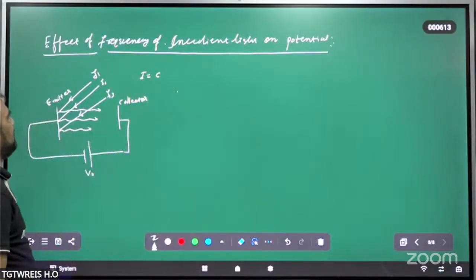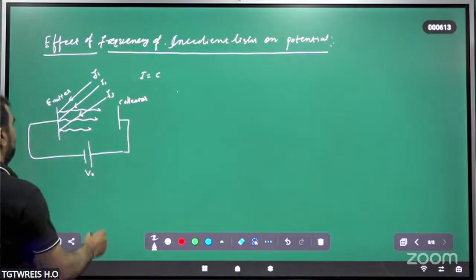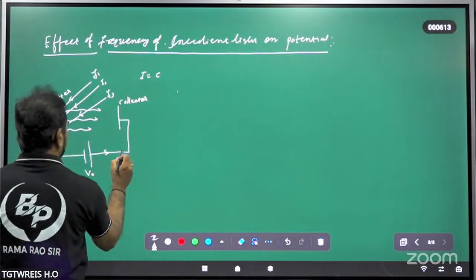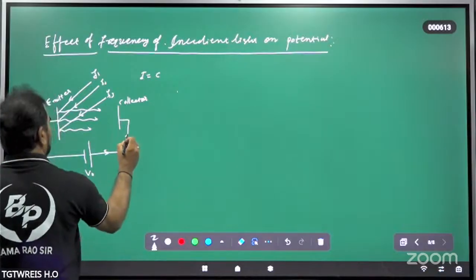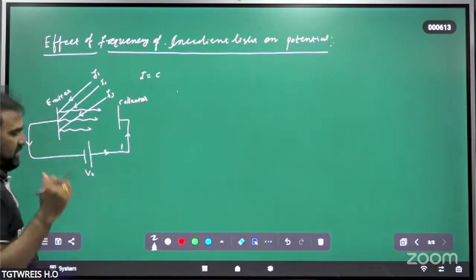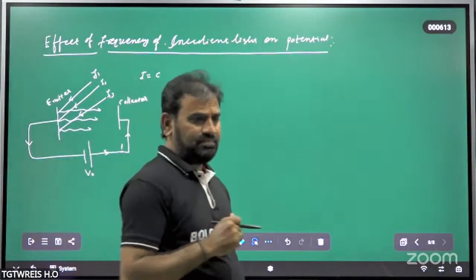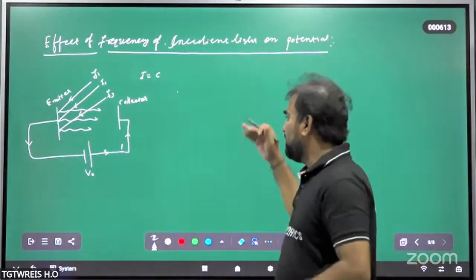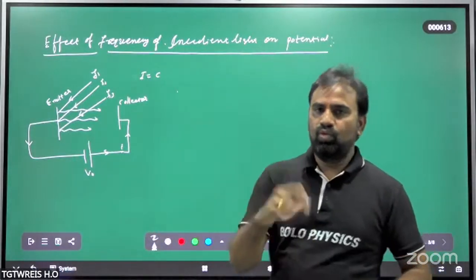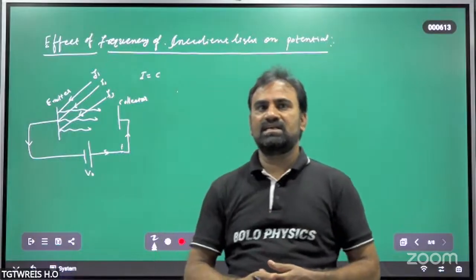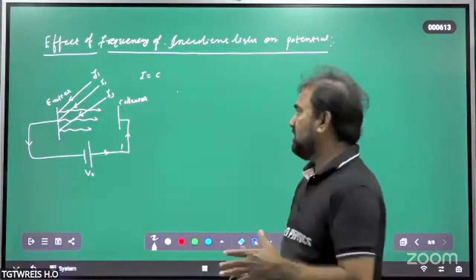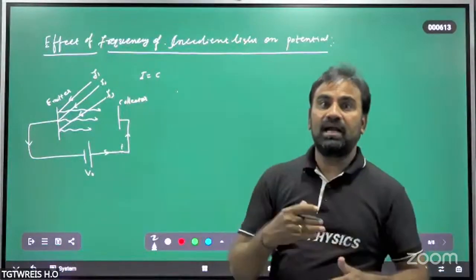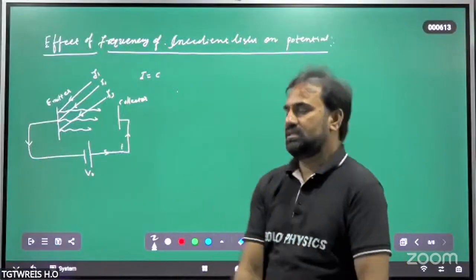Hence, the photoelectric current I flows in the circuit. When we take the emission of current on the y-axis and potential on the x-axis, different frequencies have different stopping potentials in this case.